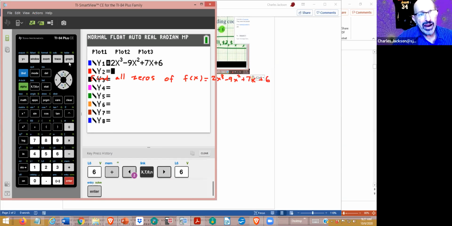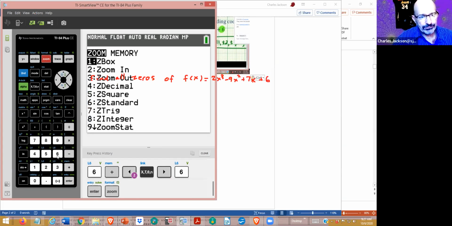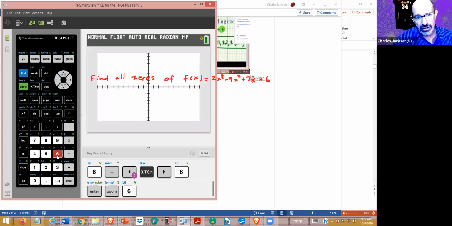Now, there's a graph, which we already saw in the screenshot, which seems to suggest that it looks like there's an x-intercept at 2 and one at 3.